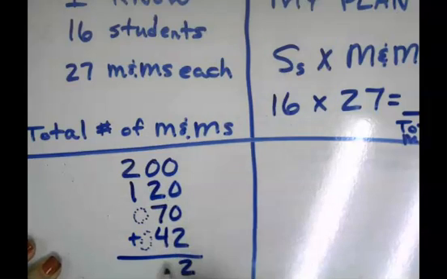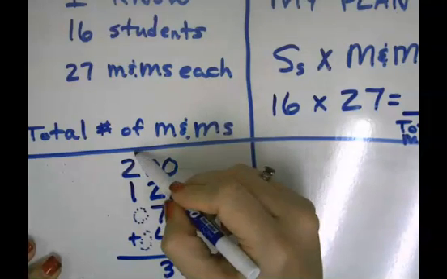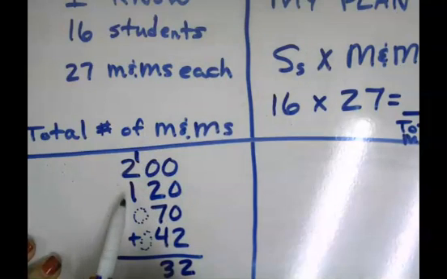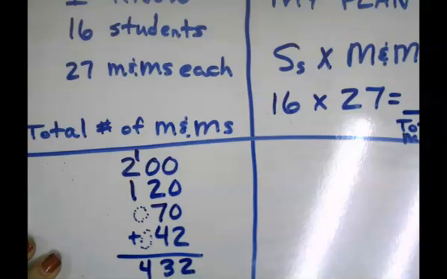9 plus 4 is 13. I have to carry the 1. 1 plus 2 is 3. 3 plus 1 is 4. 4 plus 0 is still 4. So that's 432 M&Ms.